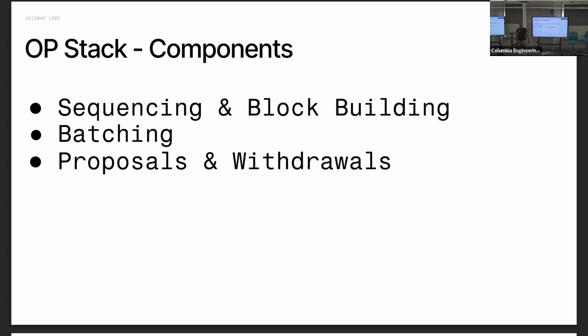There's batching, which is how a block gets submitted down to L1. The mechanics of this, very engineering heavy, and there's also some fun fee mechanics that will be talked about later. Then lastly, we have proposals and withdrawals. So this is where a user burns their funds on layer 2 and wants to withdraw them on layer 1.